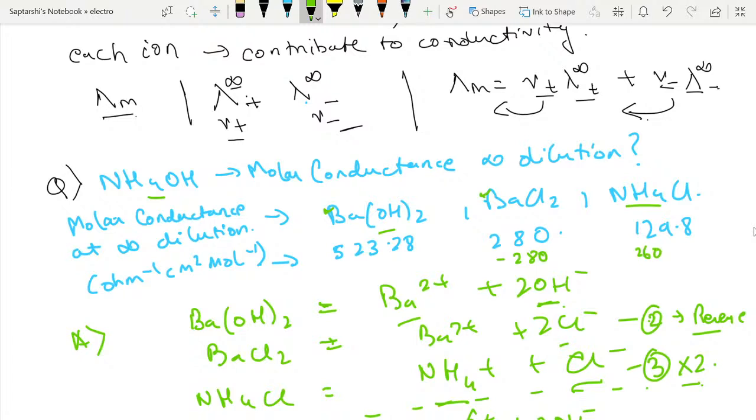Okay, so our final will be, I'm just writing it over here, we added all three, and in the end we saw that we need to divide by 2 as well. So it will be 523 minus 280 plus 260, and what we get is something around 240. What do we get actually?